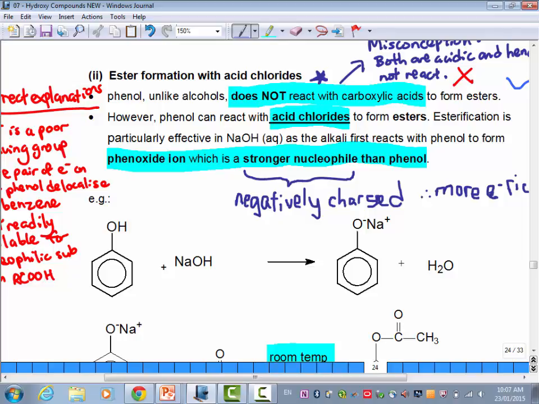Phenoxide ion is negatively charged, it is a stronger nucleophile and hence can better react with your acid chloride. So either way, you can react phenol with acid chloride at room temperature. If not, first step, you deprotonate phenol to form phenoxide ion, followed by the reaction with acid chloride at room temperature. So in test or exam, if you're asked for the reagents and conditions, either or.